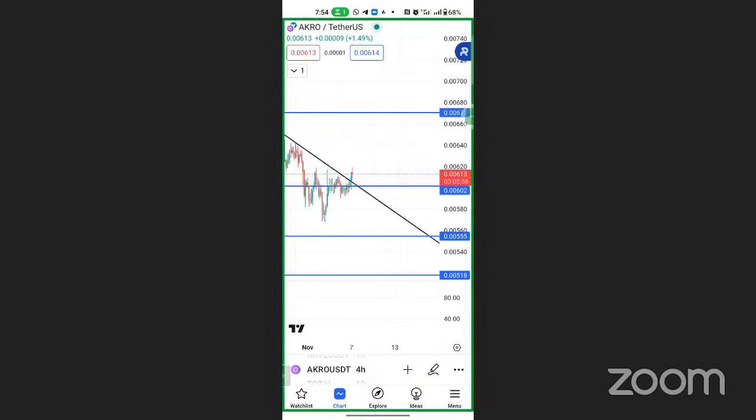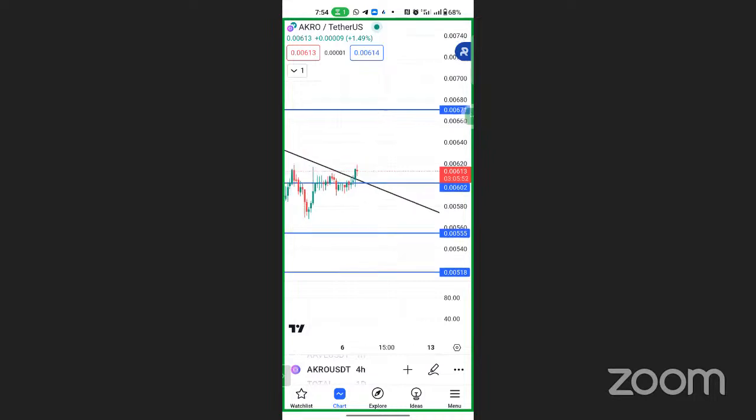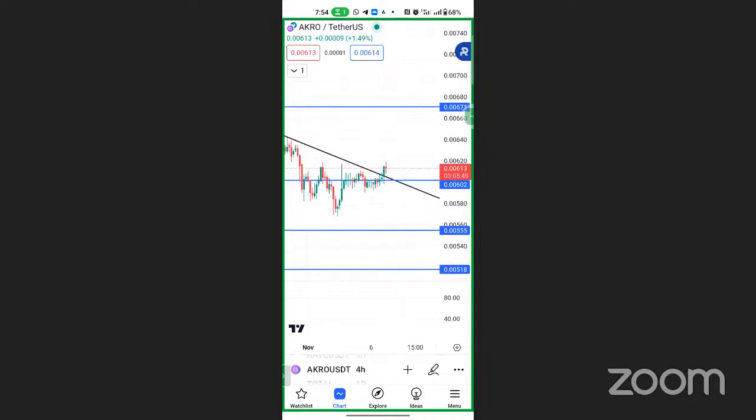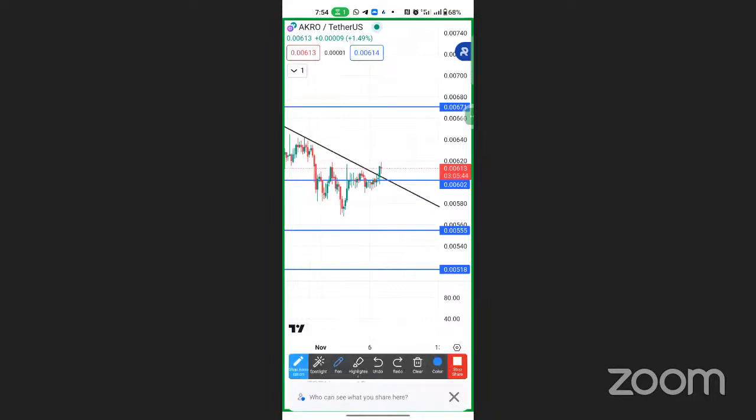We cannot confirm that it has been broken, but what can we say? Our horizontal resistance line has been broken, this one.